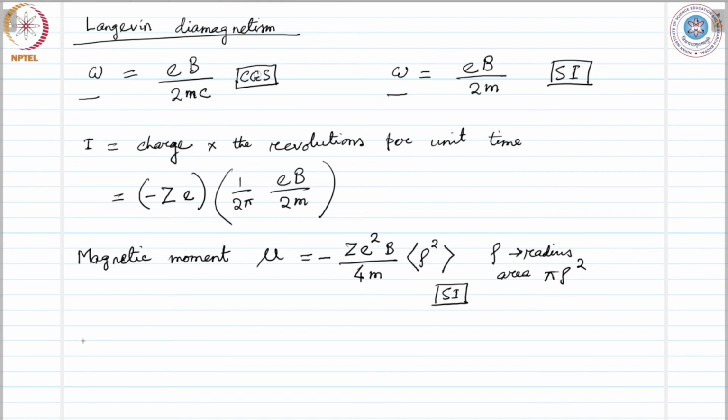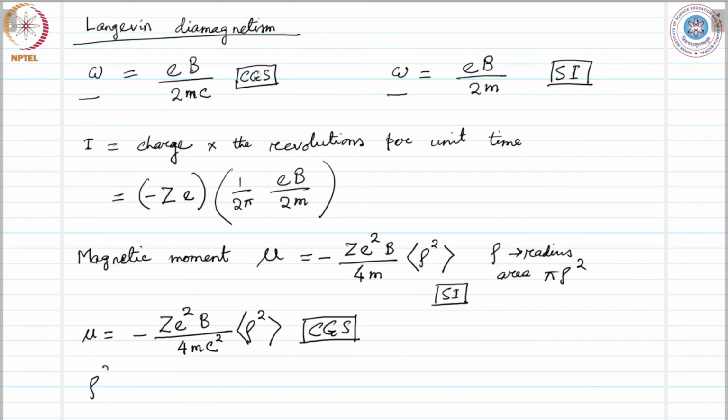In CGS units mu can be expressed as minus Ze squared B over 4mc squared times the average of rho squared. So we are considering the rho vector in a plane, we can call it the xy plane.